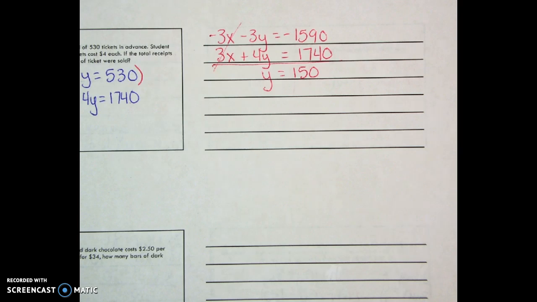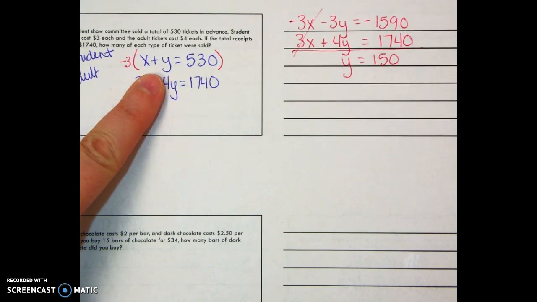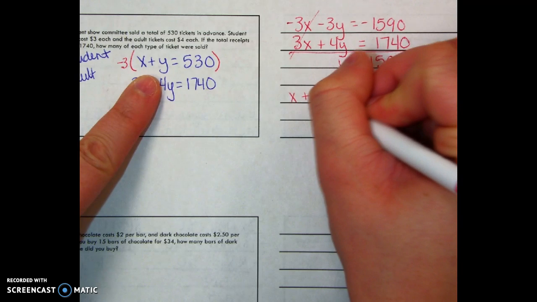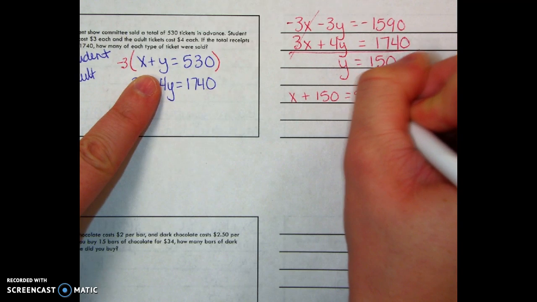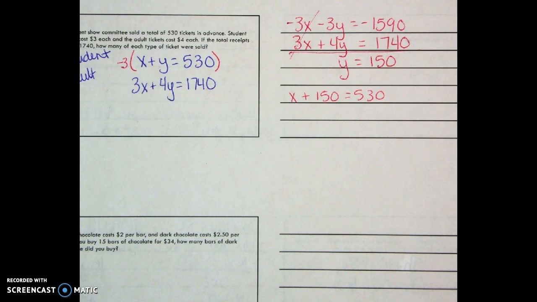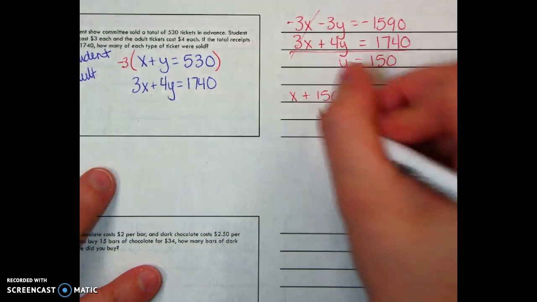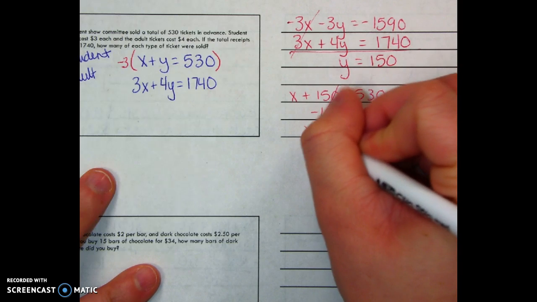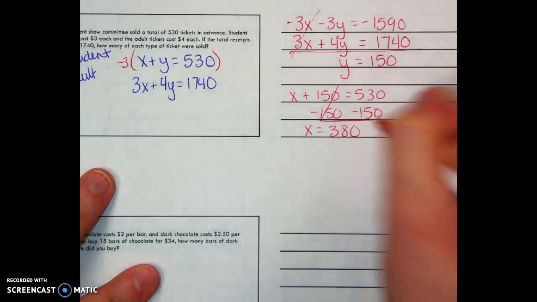And then I'll substitute it back in. I'm going to substitute it into this equation right here. So x plus 150 equals 530. Subtract 150 from both sides, and I get x equals 380.